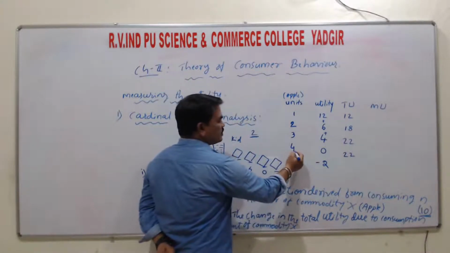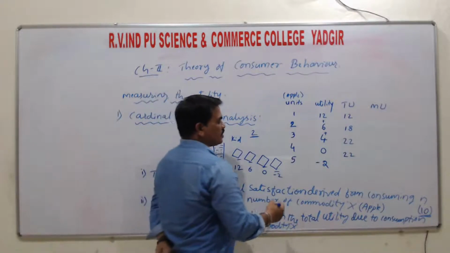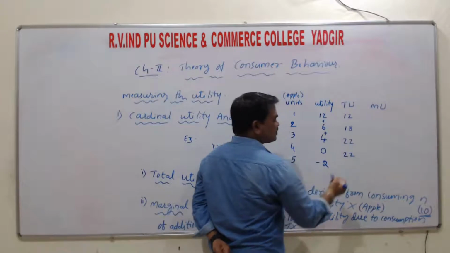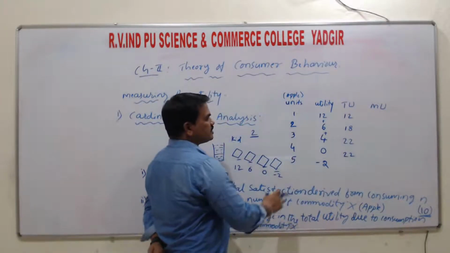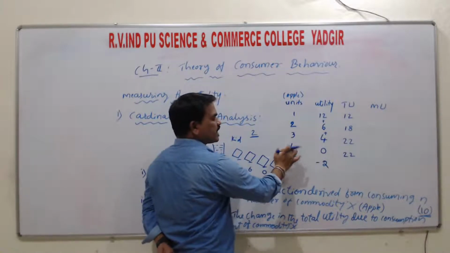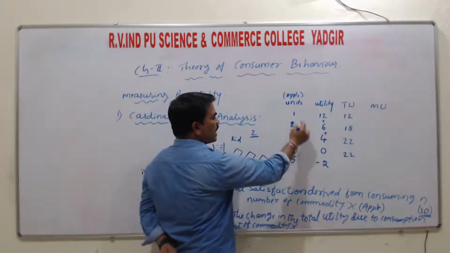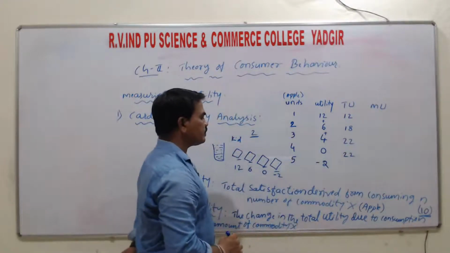But when I had the 4th apple, there is no addition to my satisfaction. It remains constant here, because the satisfaction I had is 0 for this 4th apple. And so when I consume 4 apples, the total utility remains the same.